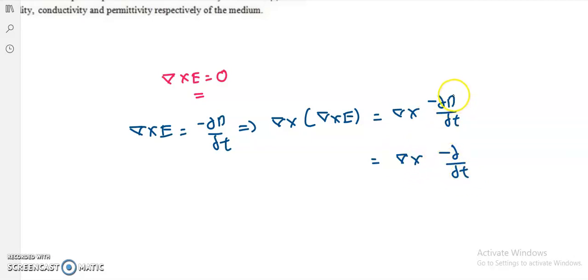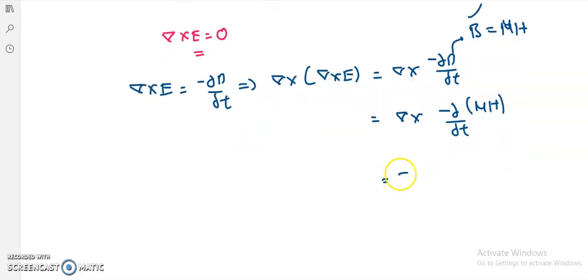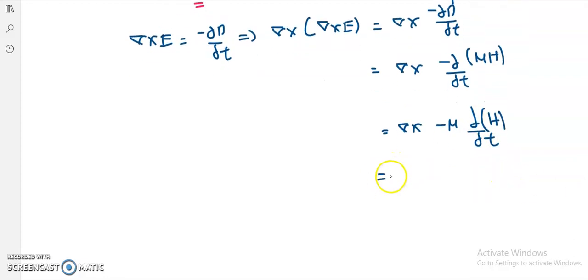This B is nothing but the magnetic flux density, right? So magnetic flux density is equal to mu, the permeability, into the magnetic field intensity, so I am substituting here mu into H. After this, that is equal to del cross, I'm just bringing this mu outside H, and it can also be written as minus, here mu is also constant, right?